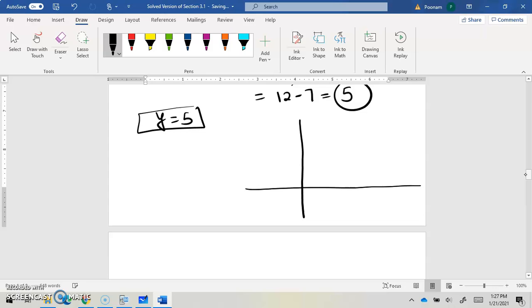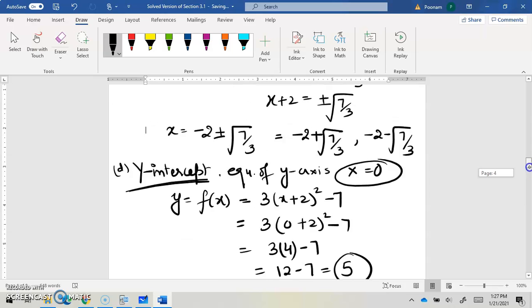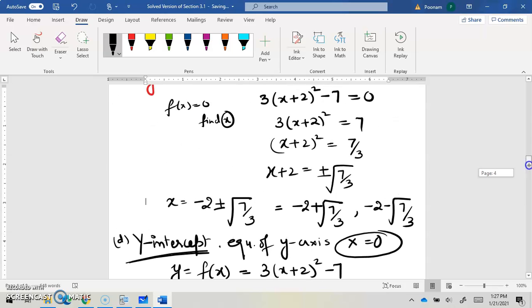We know the vertex is at negative 2, negative 7. So, negative 2 is somewhere here, say negative 7 is here, on that line at that point, and the graph is meeting the y-axis at 5, and the two x-intercepts are both negative.